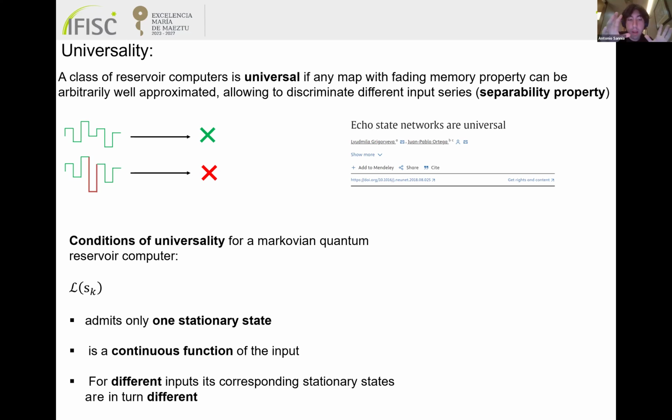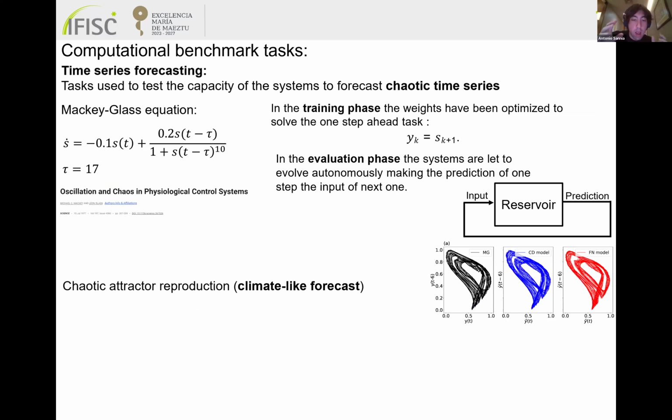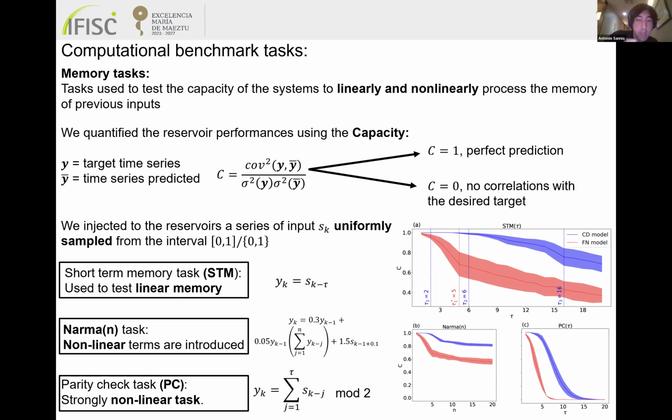And in this case, I'm saying that if I take a class of Markov reservoirs and I take a fading memory map, whatever it is, for example these memory tasks, I can find reservoirs, combinations of outputs of reservoirs, that can, in principle, reproduce this.